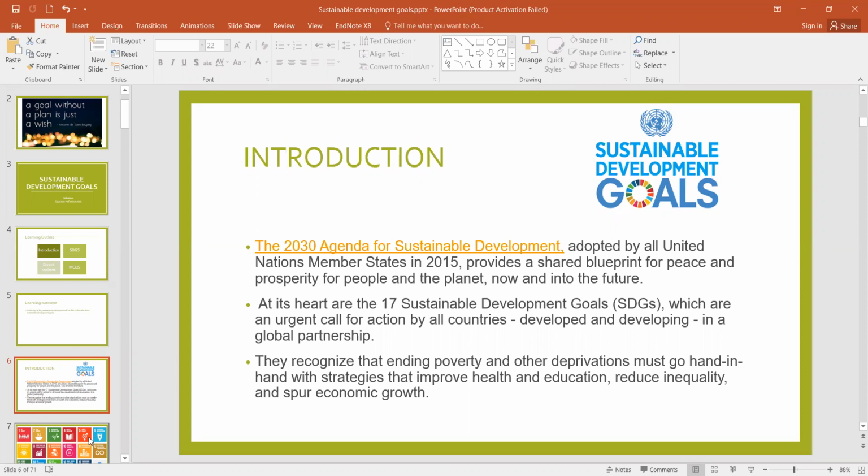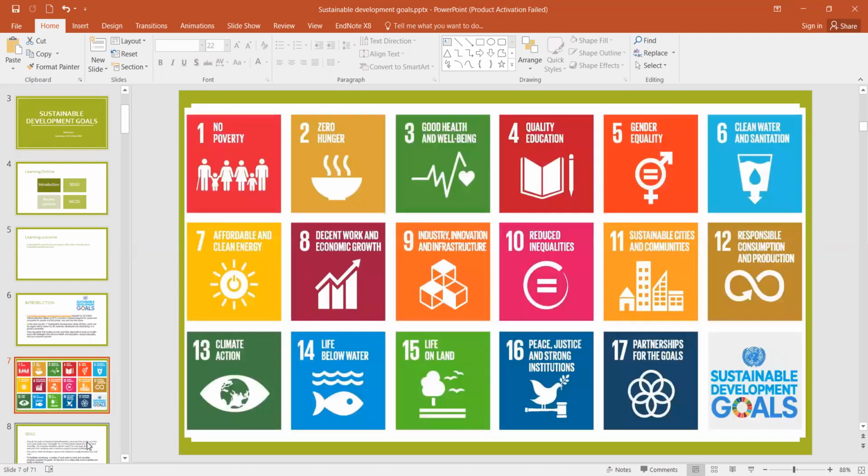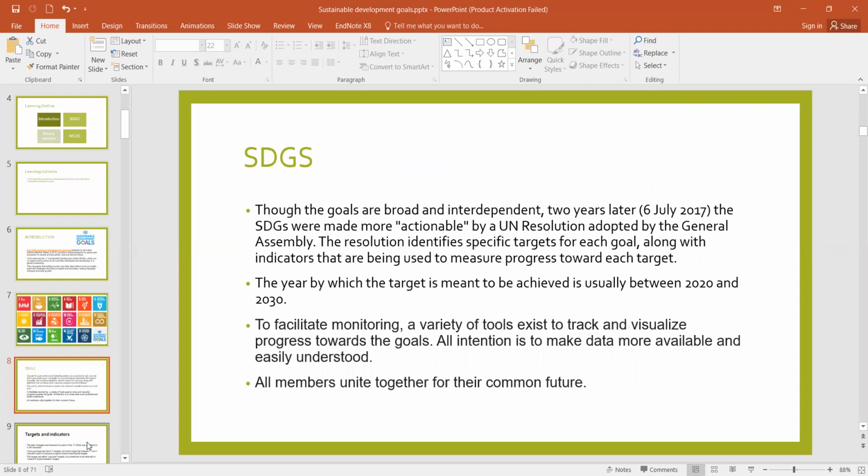They recognize that ending poverty and other deprivation must go hand in hand with strategies that improve health and education, reduce inequalities, and spur economic growth. These are the 17 Sustainable Development Goals, which are discussed one by one in this presentation.